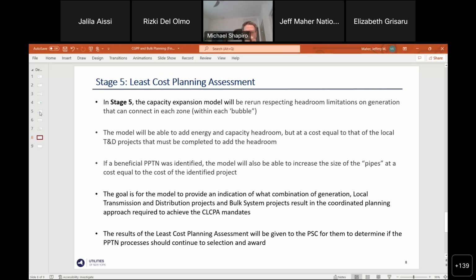We can show how that bulk project fits in with all of the other proposed work. There are a lot of possibilities for what they can do with this information, and that would be up to them to determine. Again, the utilities are not making a decision here within CGPP. We are only taking the available information on our local projects and our bulk projects, and running the capacity expansion model to understand how they may fit together to help inform decision makers for what the best path forward would be.